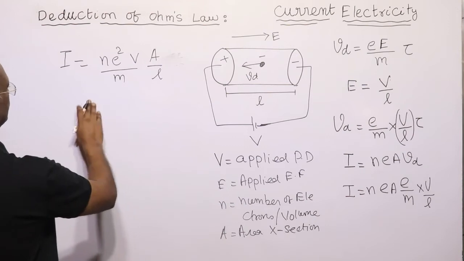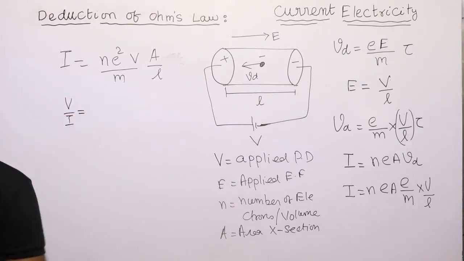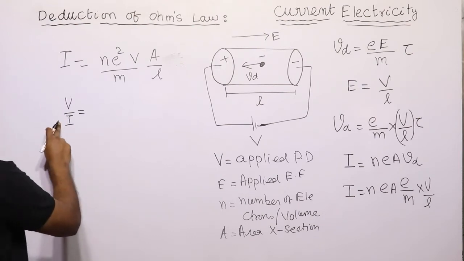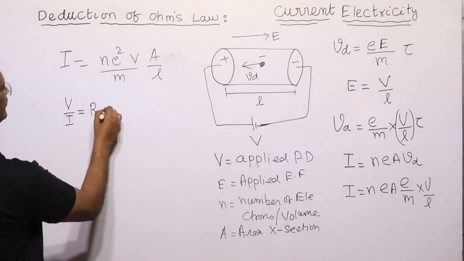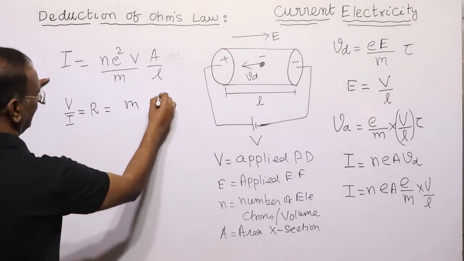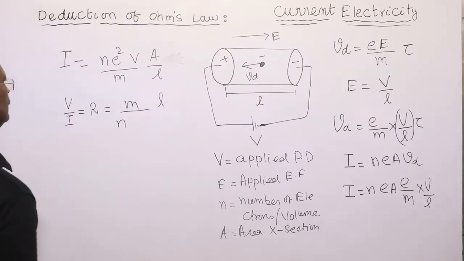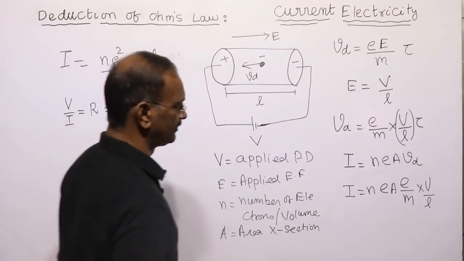Or this can be written as V by I. Already we have defined voltage divided by current as resistance. So V by I is equal to m L divided by n e squared A tau, we had missed this tau.